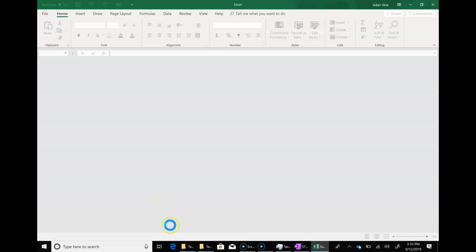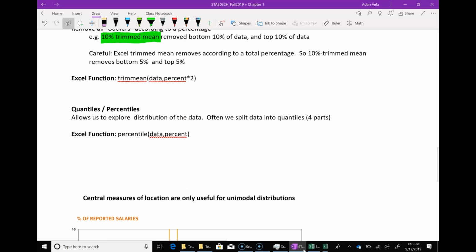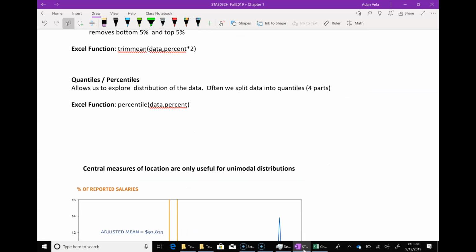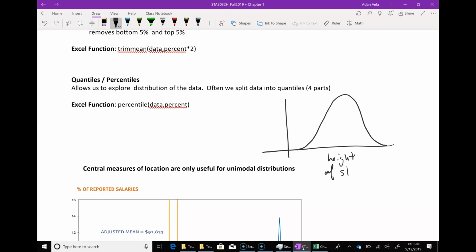And what we're really trying to do, so I'll do this using a normal distribution because I think most of y'all are used to seeing a normal distribution. Let's say we have some distribution like that. And let's say this is the height of students at UCF. I don't know.